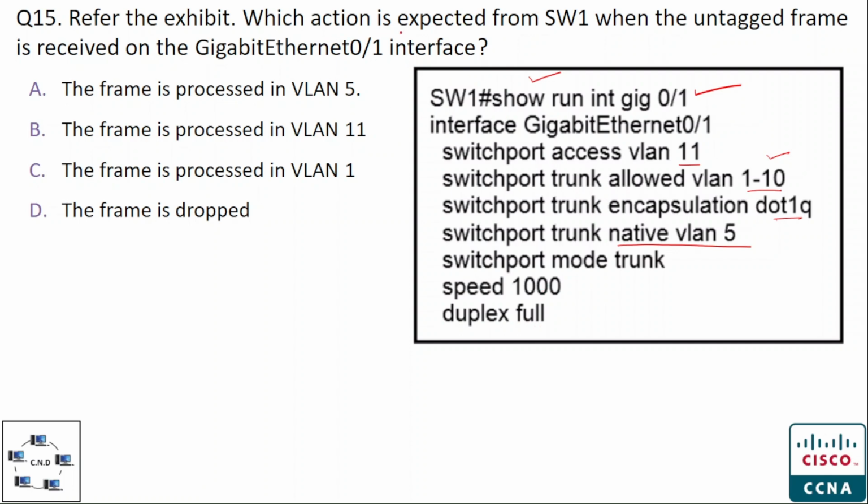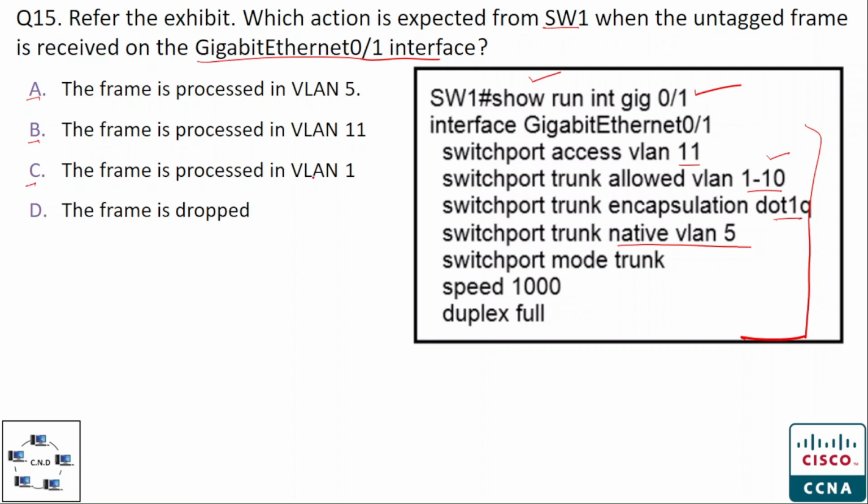The question is, what action is expected from switch 1 when an untagged frame is received on the Gigabit Ethernet 0/1 interface? We are talking about the interface that contains this configuration. When this interface receives an untagged frame, what would be the behavior of the switch? The options are option A, the frame is processed in VLAN 5. Option B, the frame is processed in VLAN 11.